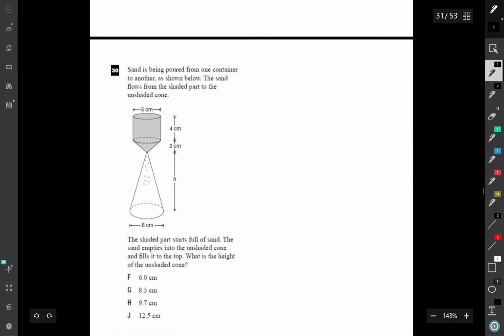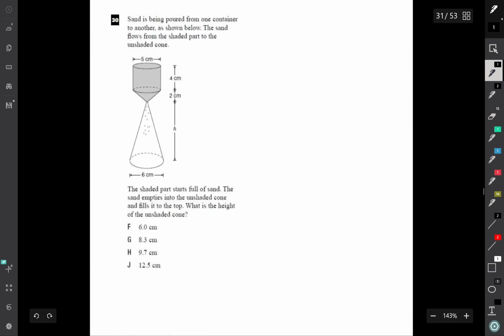All right, 30. 30 is a pretty tough question, but let's work our way through it. So let me read it first. Sand is being poured from one container to another as shown below. The sand flows from the shaded part, the darker part, to the unshaded cone.